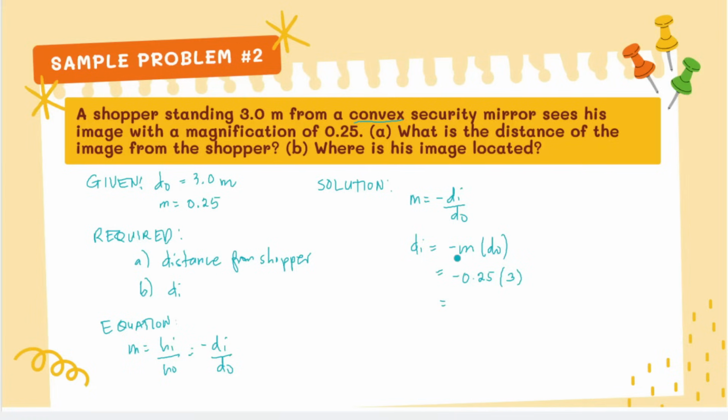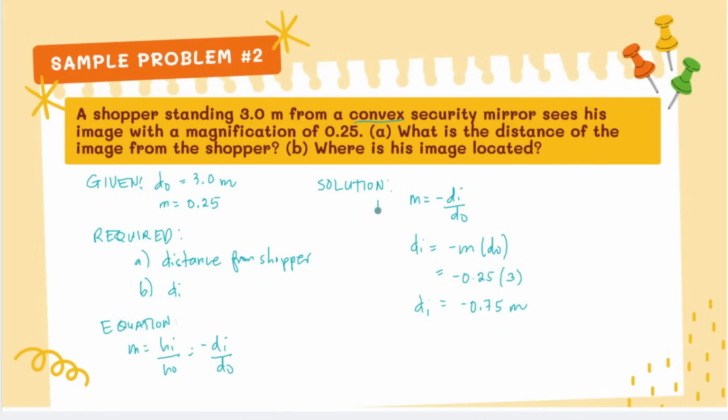That would be negative 0.75 meters. And that would be our answer for letter B.